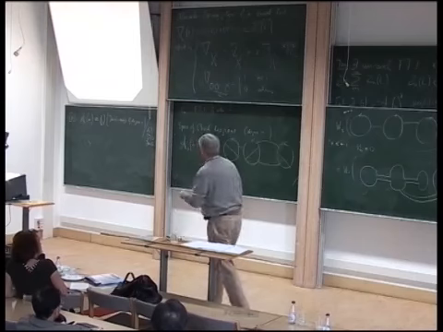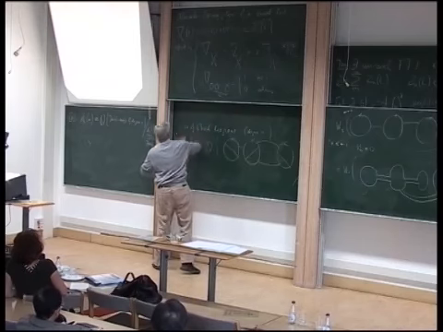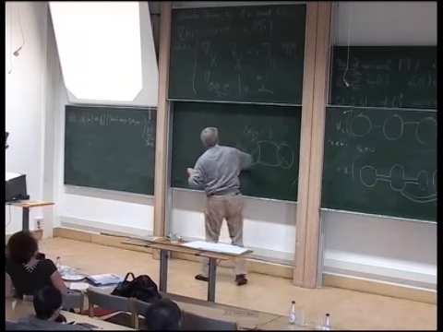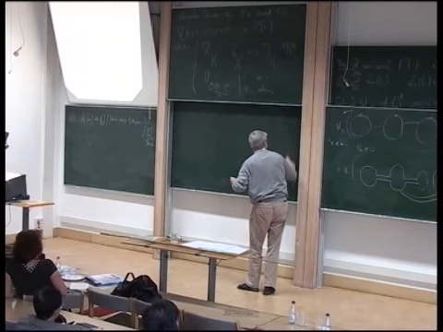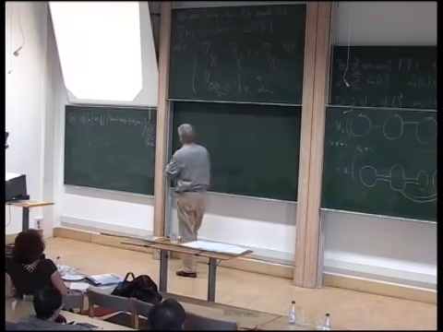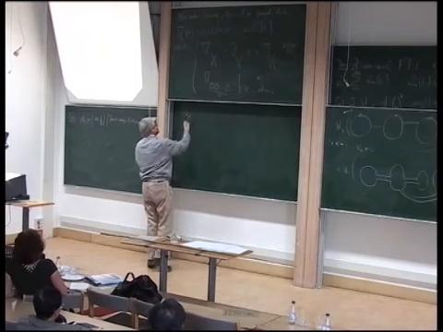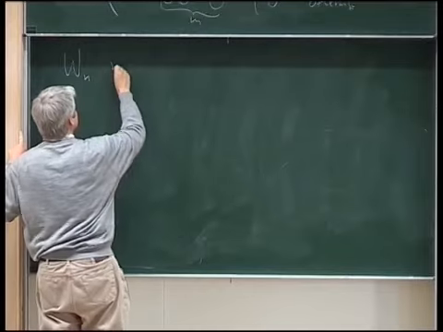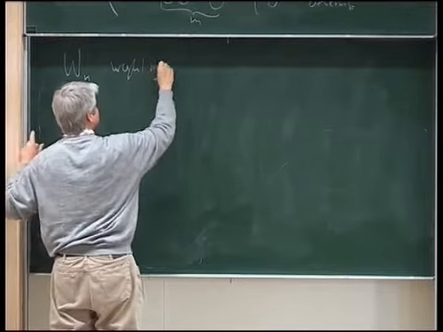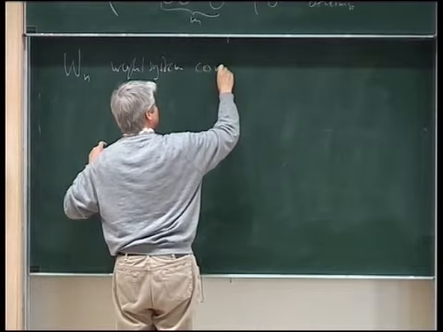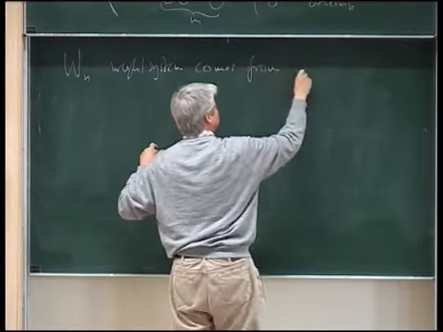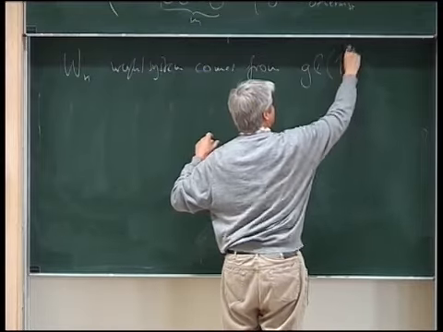And so what happens is there is a fact, which I don't really have time to explain, but somehow there is a way. So this weight system comes from this Lie superalgebra GL11.